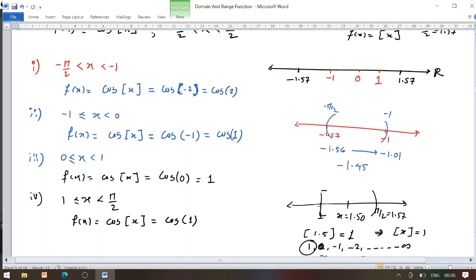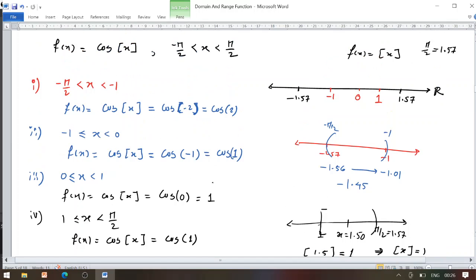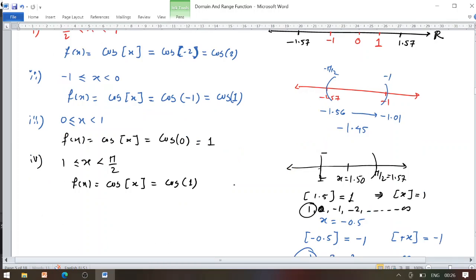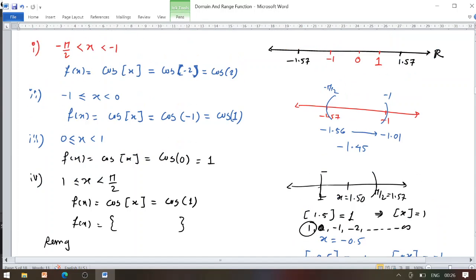Now we are finding the range. So what are the possible values of y, or the f of x's, from minus pi by 2 to plus pi by 2, that means in the given domain. So we are writing now the possible values. At first the f of x's are in the curly braces, so I will circle them out. Which are the possible values of f of x's over here?